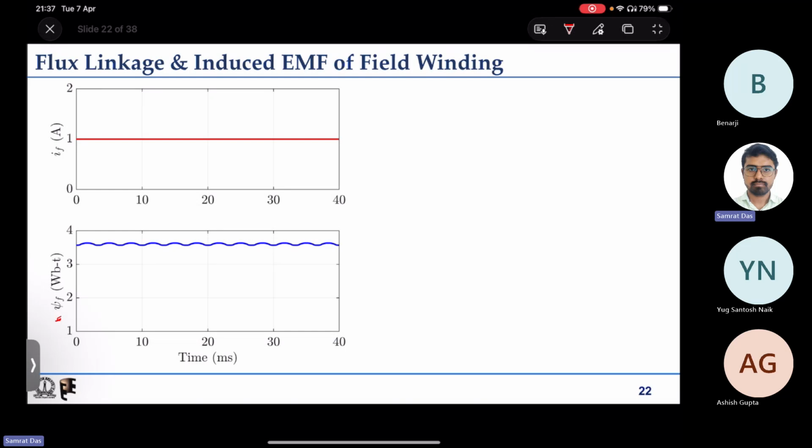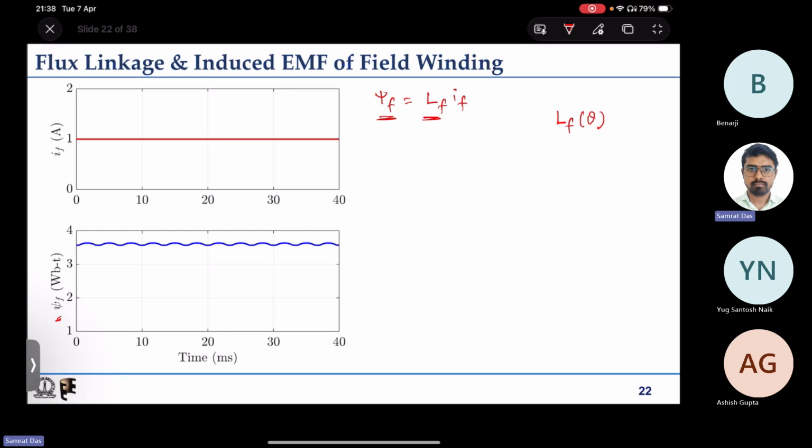Psi f is nothing but LF into IF. IF is constant, so whatever variation in psi f is there, that is due to variation in LF. So strictly speaking, LF is a function of theta, the rotor position.